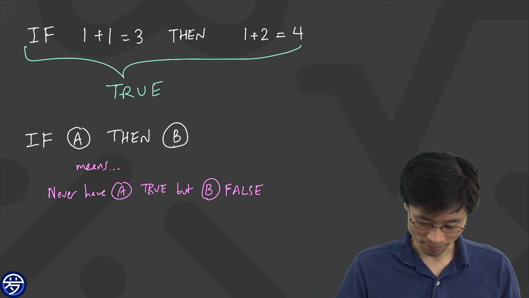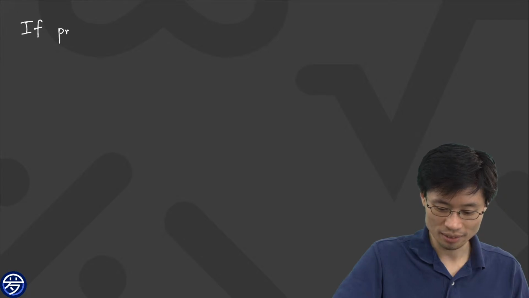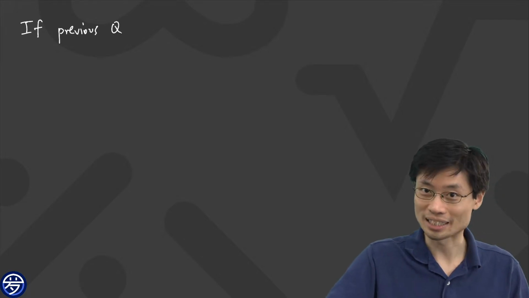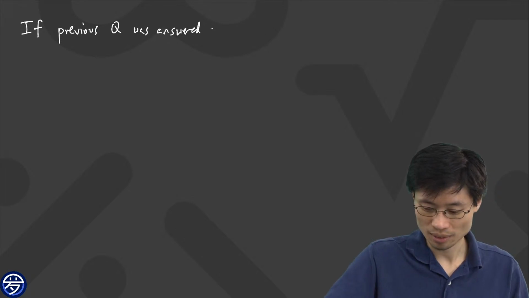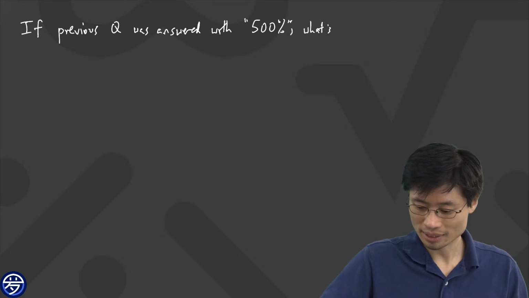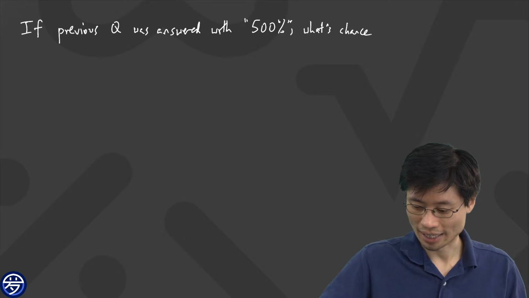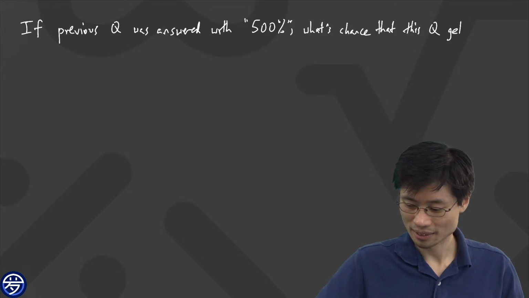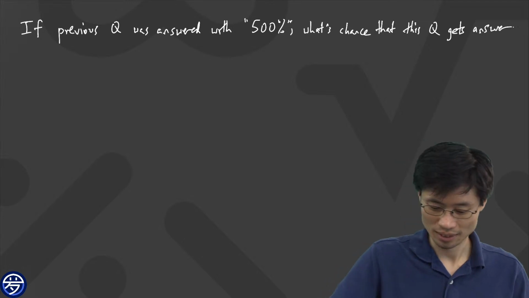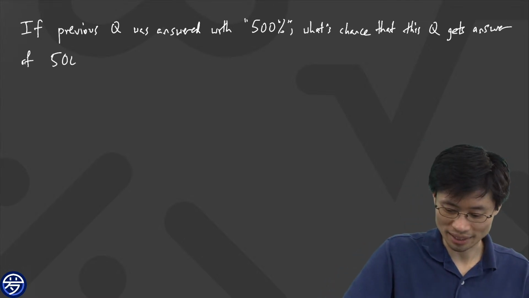Your question was this: if the previous question, Q stands for question, was answered with 500%, what's the chance that this question gets an answer of 500%?